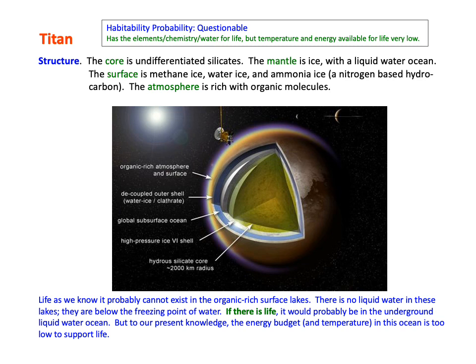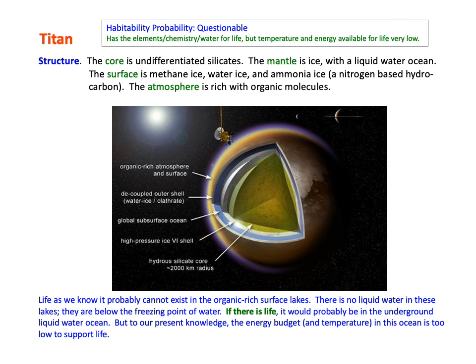This is our last slide on Titan. It's more about the interior. We mentioned earlier on our introductory slide that the core may be undifferentiated, and that it may have a mantle of ice, sort of an onion layer toward the top, and then a liquid water ocean underneath that.